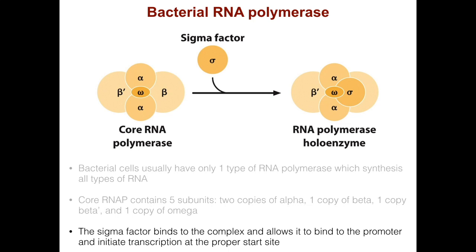So let's see how this works in action. So you have the core RNA polymerase plus the sigma factor, which come together on the promoter. The sigma factor associates with the core enzyme to form a holoenzyme, and that is the active version of the RNA polymerase.